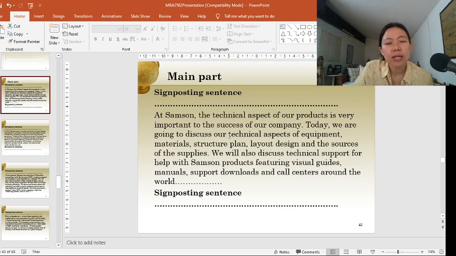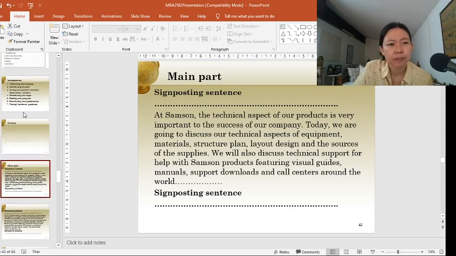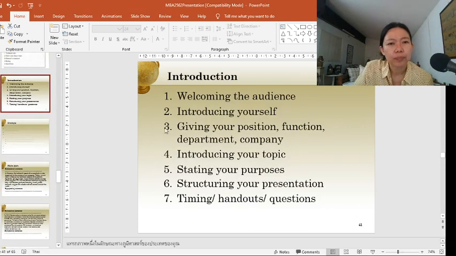Okay, first, let's start with the easiest part, which is the introduction. In the introduction speech, there are many parts, but normally we will start with welcoming the audience, introducing yourself, giving your position, then you will introduce your topic, stating your purpose and the structure of your presentation, and you will end your introduction by talking about speech organization.